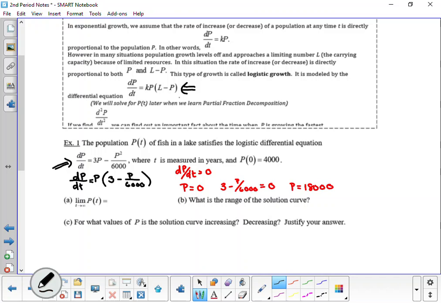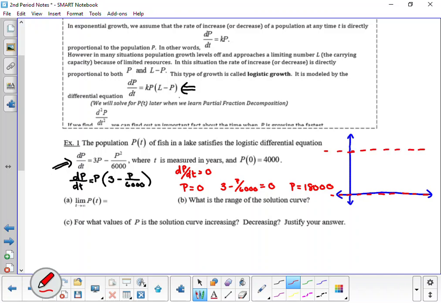So, you know logistics. Anytime you have a logistic, draw a graph of it. I think the last part of this problem tells you to draw a graph, but just do it from the very beginning. So we know we have a horizontal asymptote at 0. And we know we have one at 18,000.